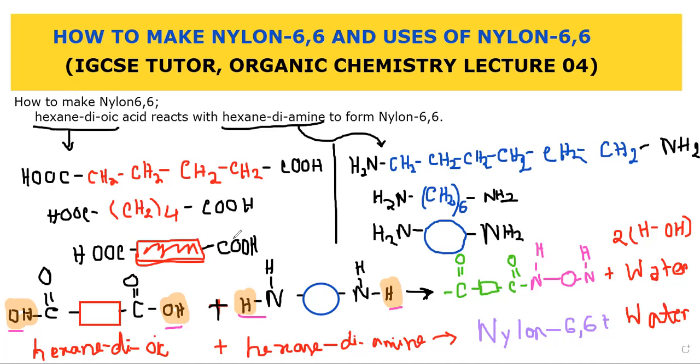And in IGCSE, overall, all questions are related to the drawing. So you may be asked to show how to make nylon 6. You may be asked to show just the displayed structure for nylon 6. So this is all related to the nylon 6 chapter.